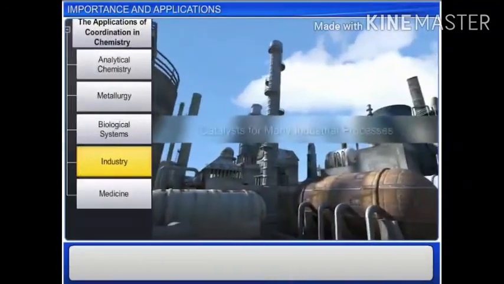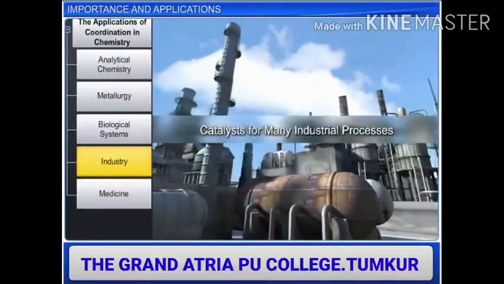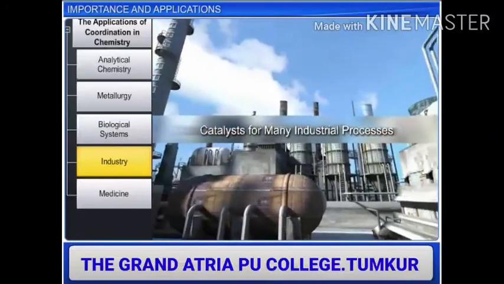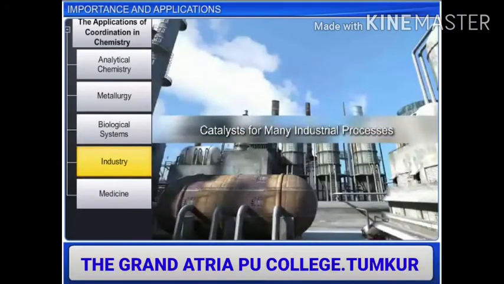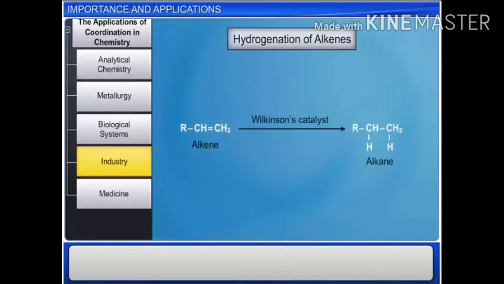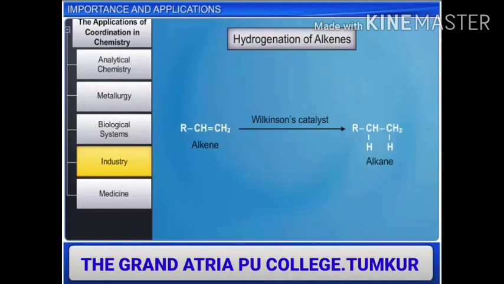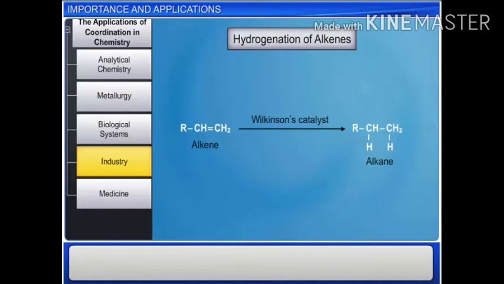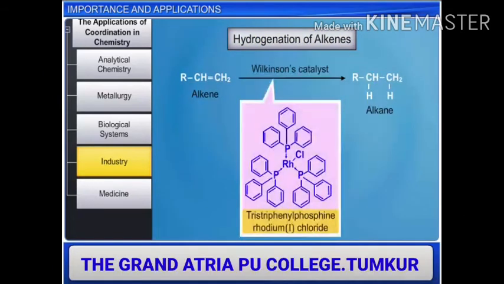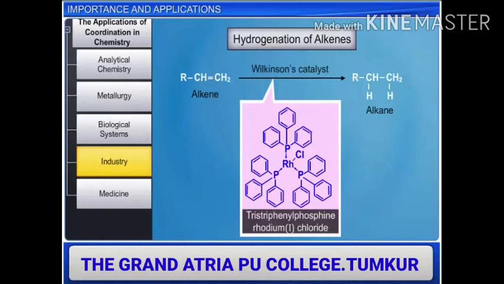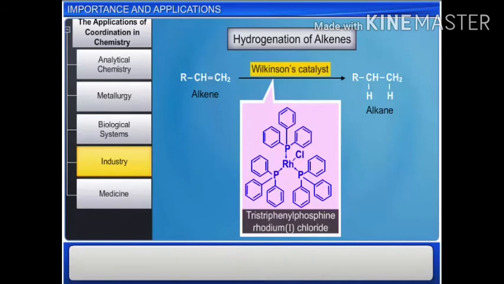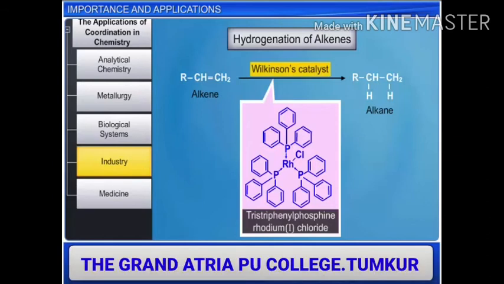One of the applications of coordination compounds is their use as catalysts for many industrial processes. For example, in the hydrogenation of alkenes, a complex metal catalyst, tris-triphenylphosphine rhodium-1 chloride, which is also known as Wilkinson's catalyst, is used.